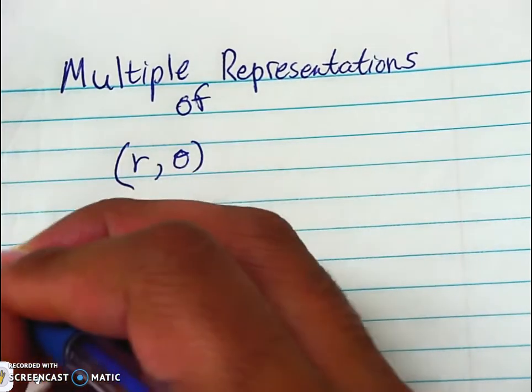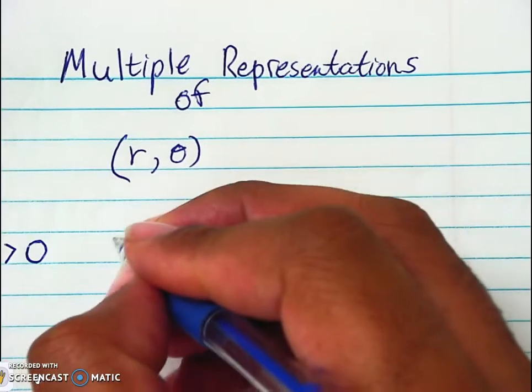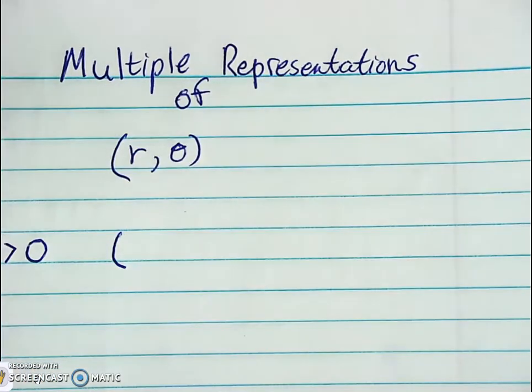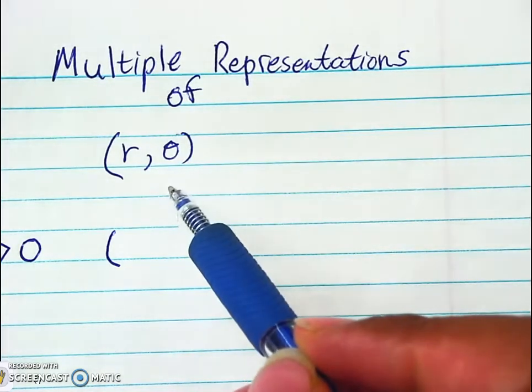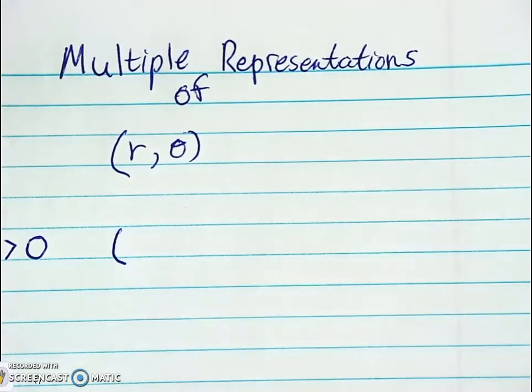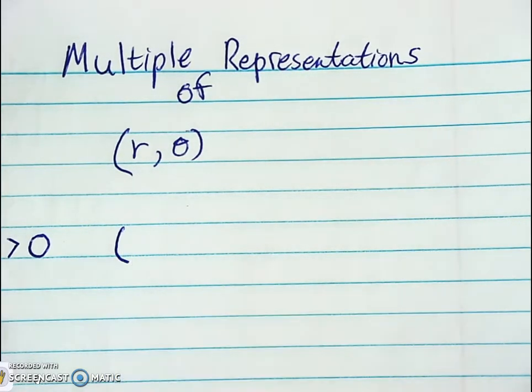Here is another thing about R. I didn't even read this first part up here: multiple representations of R theta. That problem asks for that, so here's how we're going to deal with it. We know the ordered pair is R and theta.